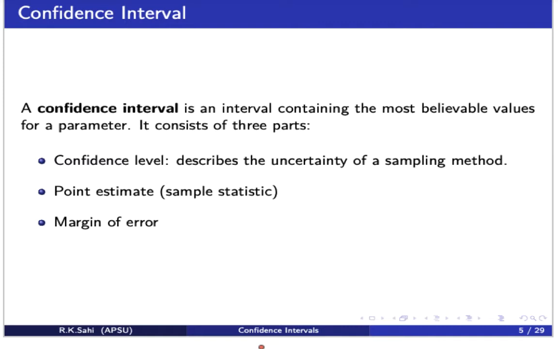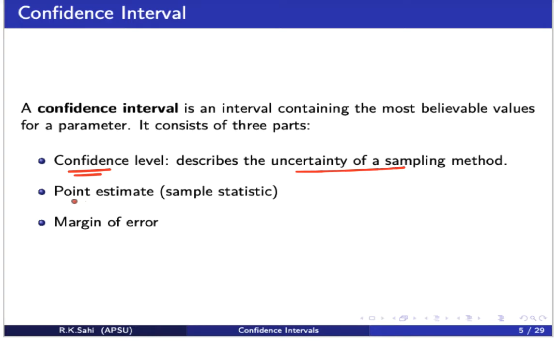The third thing we talk about in a confidence interval is the confidence level: how confident we are in the interval of values which will be used in estimating the population parameter. So as I said, a confidence interval includes three things. First is the confidence level, which tells us the uncertainty of the sampling method.